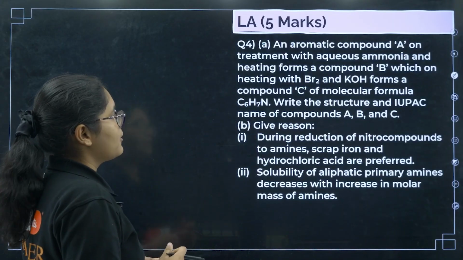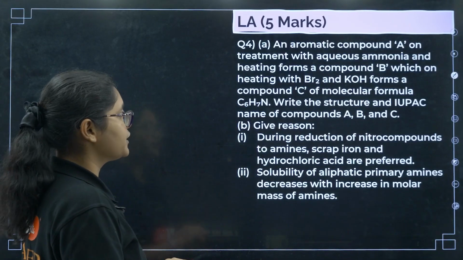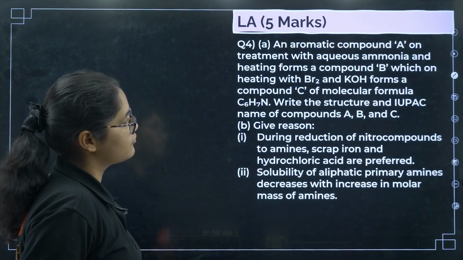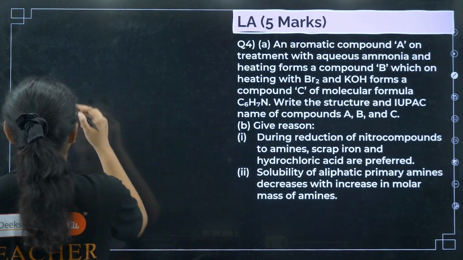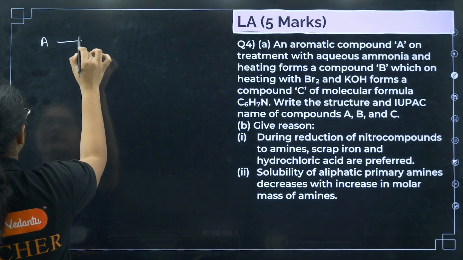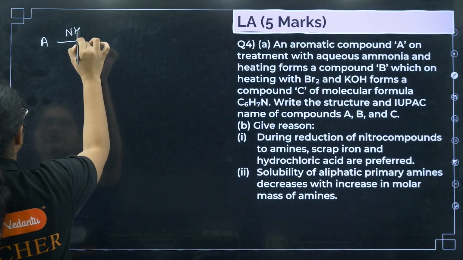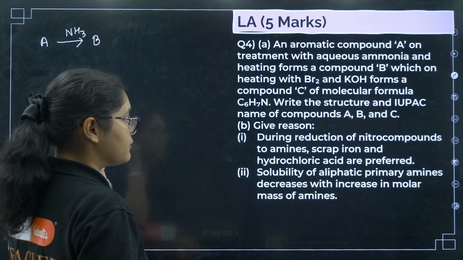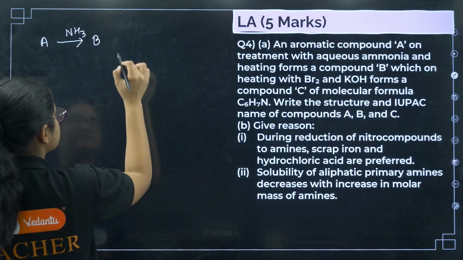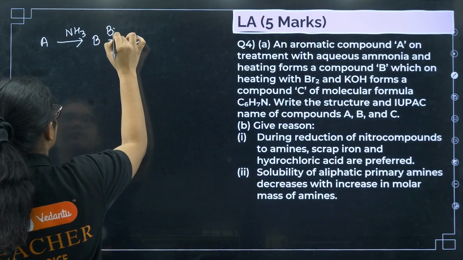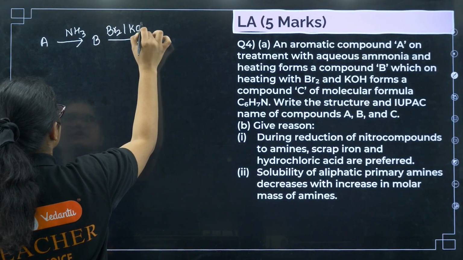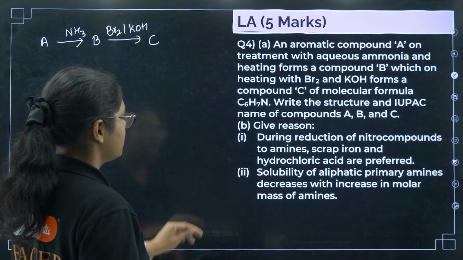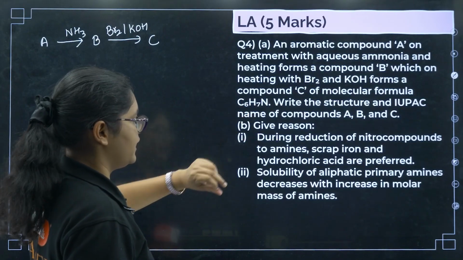Next, an aromatic compound A on treatment with aqueous ammonia and heating forms a compound B. Okay, so if I have one compound A, on heating with NH3 it gives a compound B. Now which on heating with Br2 and KOH gives you C? If I heat it with Br2 and KOH, so that is your Hofmann bromamide degradation, gives you C of molecular formula C6H7N, that is C6H5NH2.